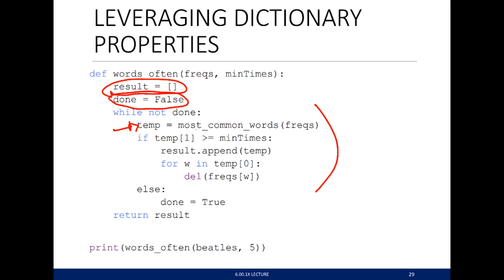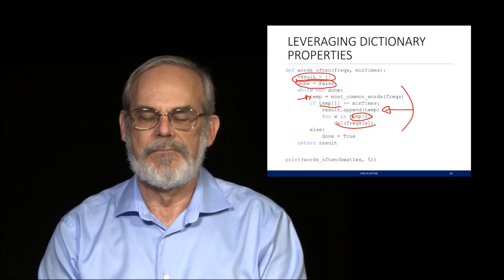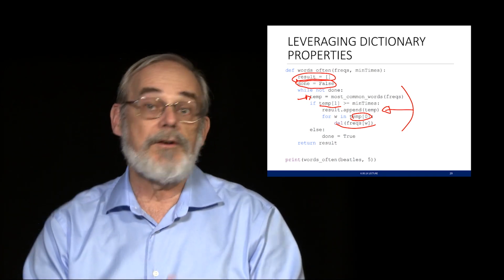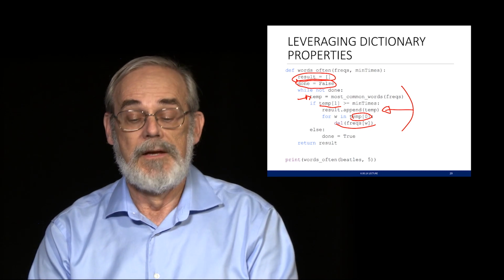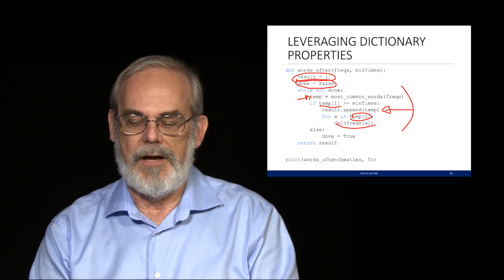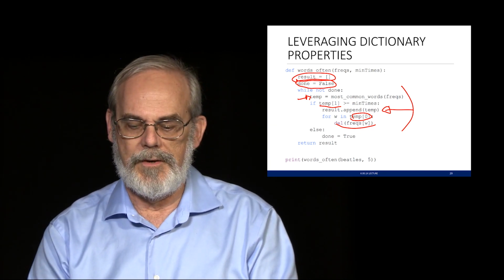And if they occur more than the minimum number of times that I've set, I'm going to add them into my result. And then, for everything in that word, I'm going to remove it from the dictionary. So let me say it again. I'm going to say, given I've done the analysis, find the most common word. I don't know how many times it occurs, but I'm going to find them. As long as they occur more than the minimum I've set, then I'm going to collect those, because that's part of what I want to have.